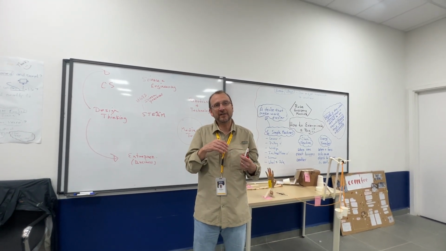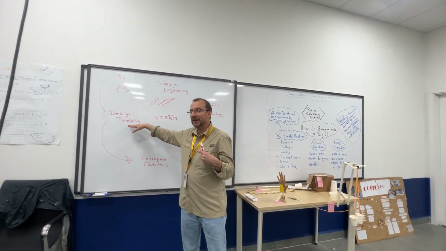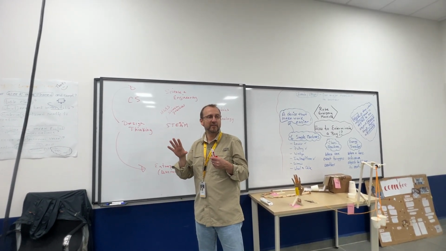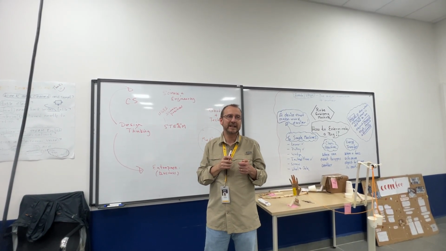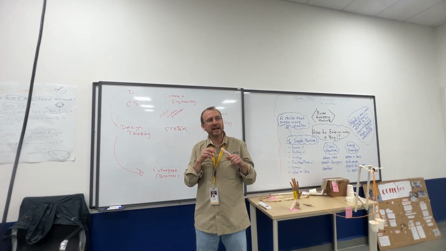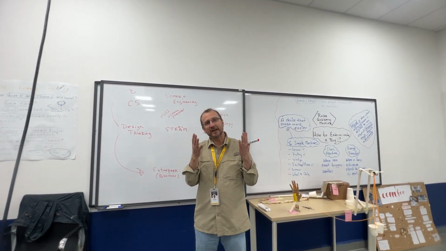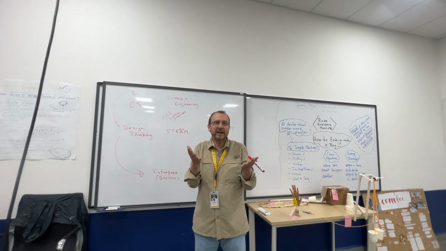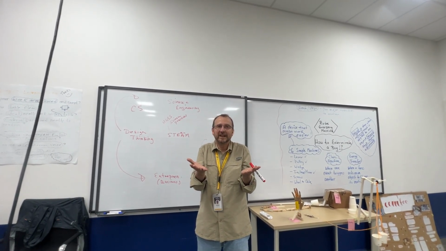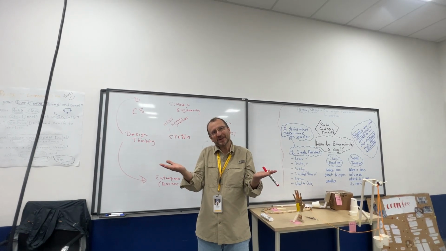One of our design thinking problems that we did in the fall was we had students trying to create a better TrueNorth school experience. And so how did they go about doing that?